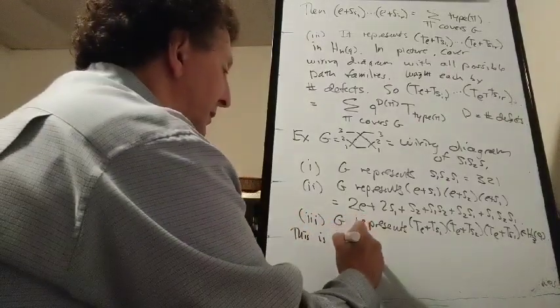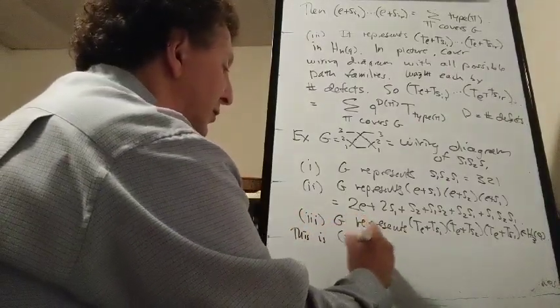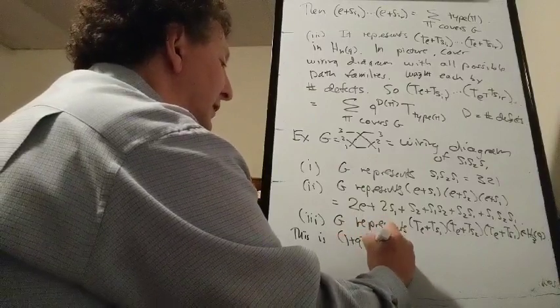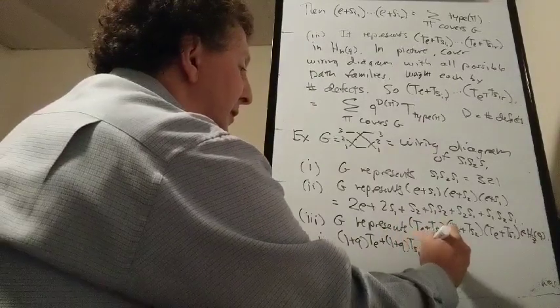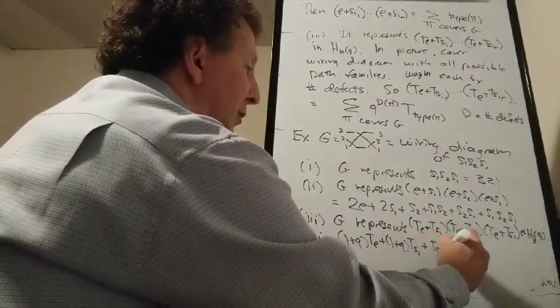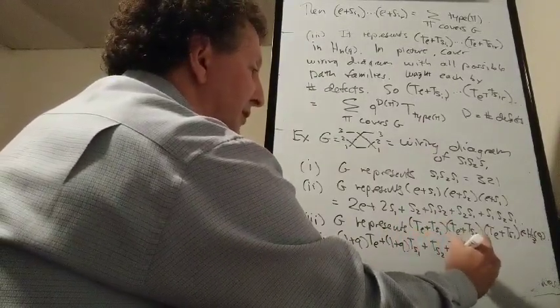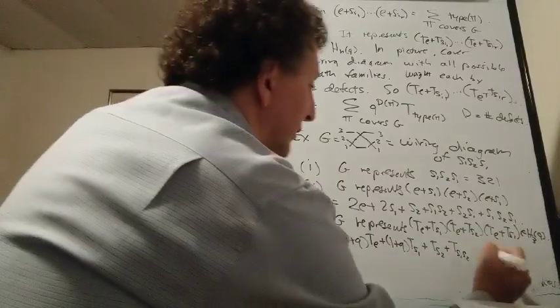And this ends up being, as we showed in another video, 1 plus Q times T sub E plus 1 plus Q times T sub S1 plus T sub all the other permutations that describe path families covering this.